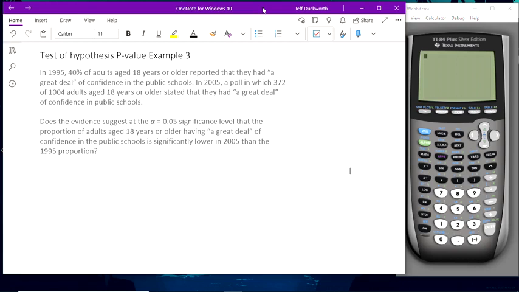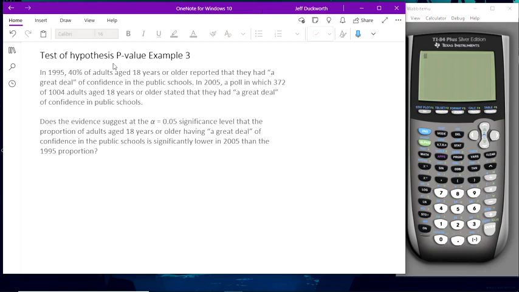So, does the evidence suggest at an alpha equal 0.05 significance level that the proportion of adults aged 18 or older having a great deal of confidence in the public schools is significantly lower in 2005 than the 1995 proportion?